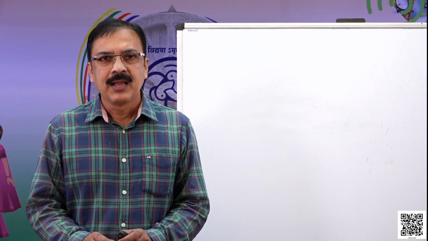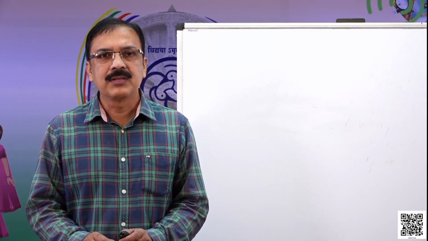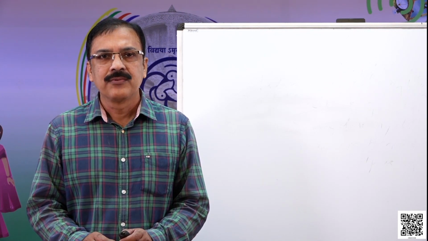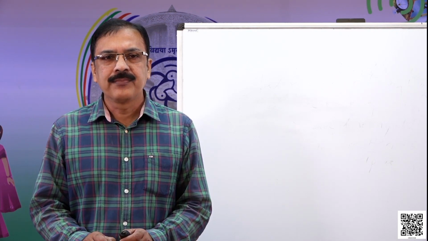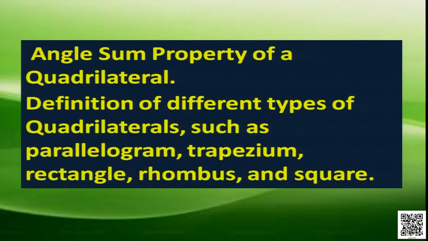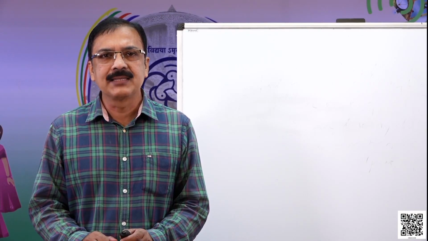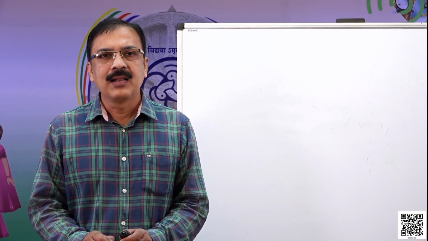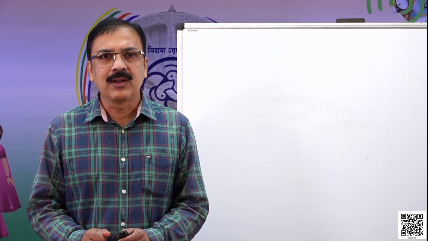degree. And we also discussed some definitions of certain types of quadrilaterals such as trapezium, parallelogram, rectangle, rhombus and square. What is a parallelogram? If the opposite sides of a quadrilateral are parallel, then the quadrilateral is called a parallelogram.